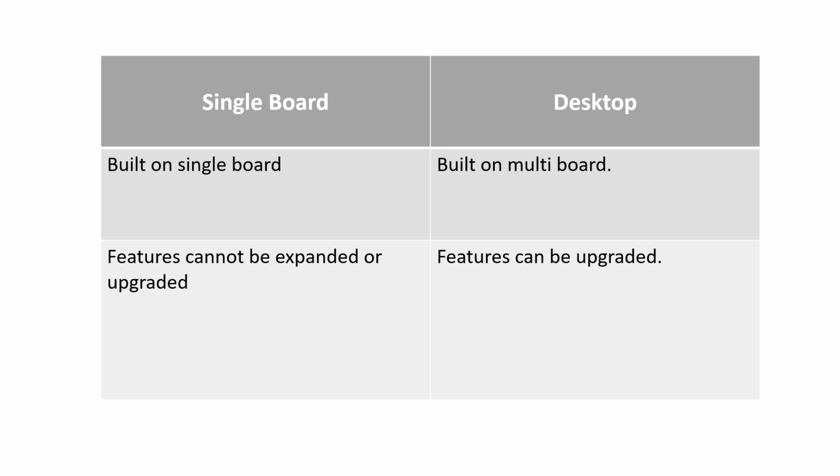Whereas in a desktop, you can alter the system for better features, upgradation can happen. So these are the disadvantages of single board. These are the major differences between single board and desktop.